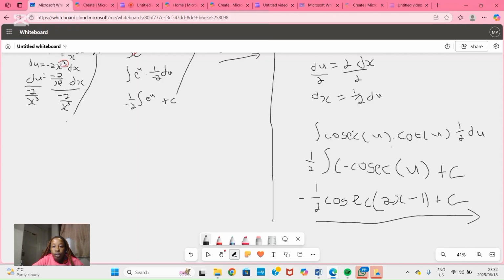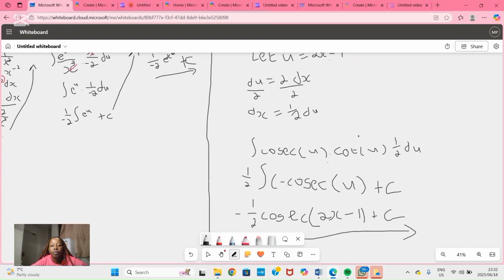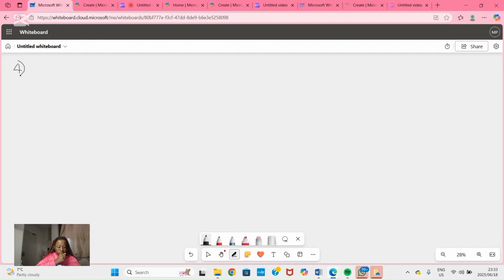So now we have to move into our example number 4. Number 4, we also have trig ratios.